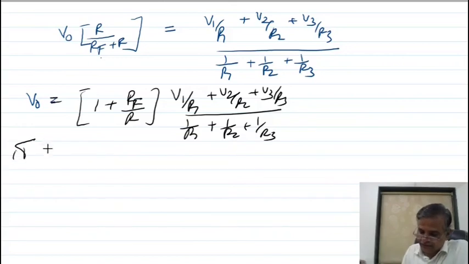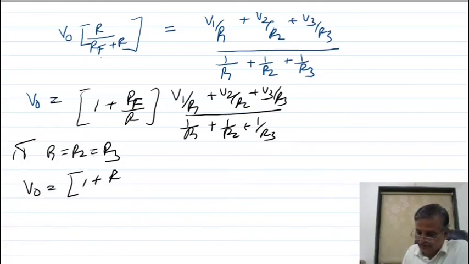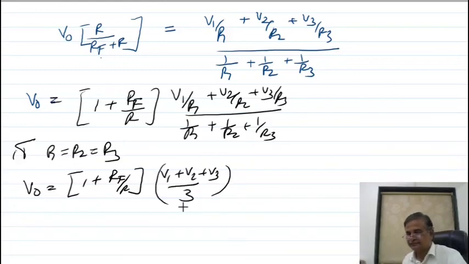If R1 is equal to R2 is equal to R3, I can write VO is equal to 1 plus RF by R, into (V1 plus V2 plus V3) upon 3.